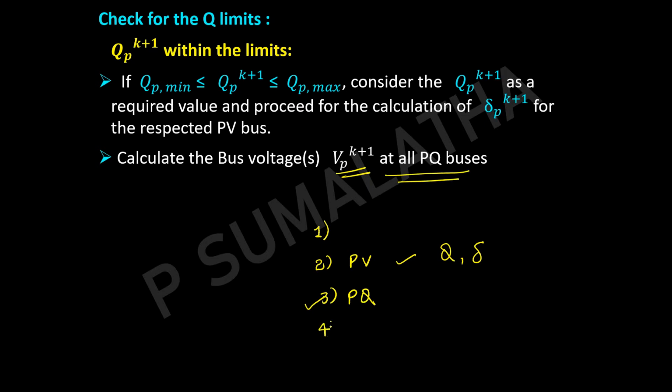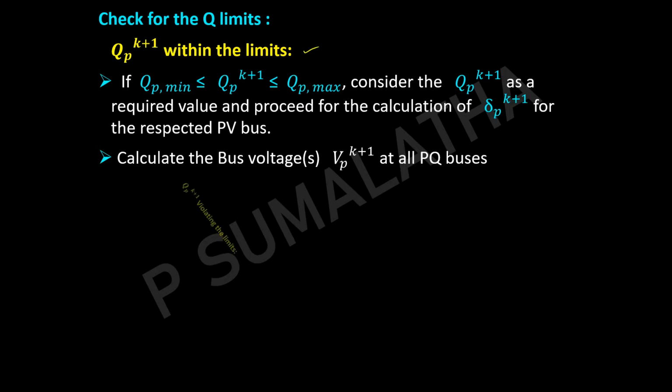There is no rule that you will have only one PV and one PQ. You may be having multiple buses also. So let me say PQ buses means you should find V_3 and V_4 at the first iteration. That is the meaning of this. Calculate the bus voltages at all the PQ buses. This is about if the Q_p^(k+1) is within the limits.